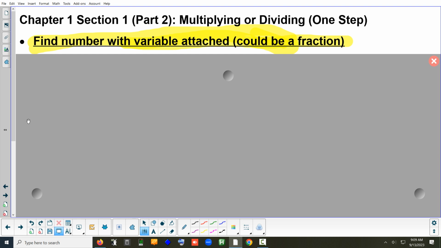You know what? Let's write down the steps first, and then we'll try some examples. So under that first bullet, you're going to write down, find the number with the variable attached to it. The number could be a fraction.